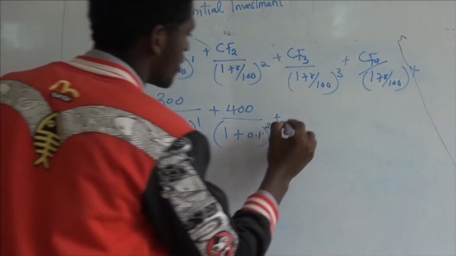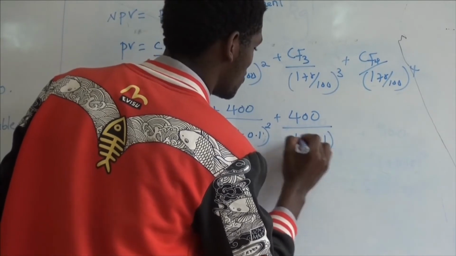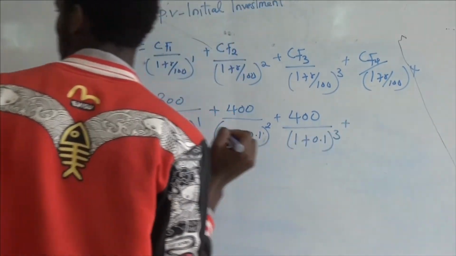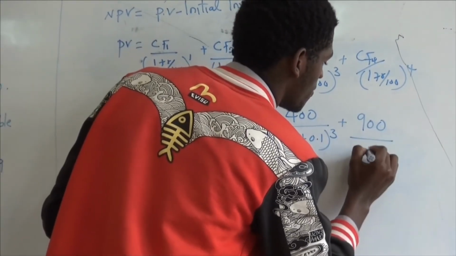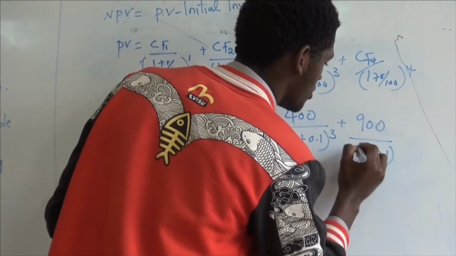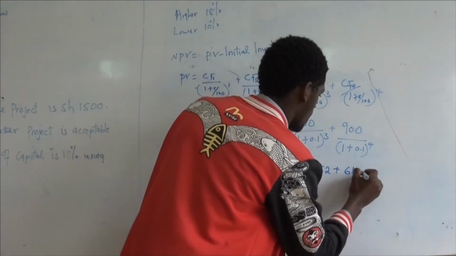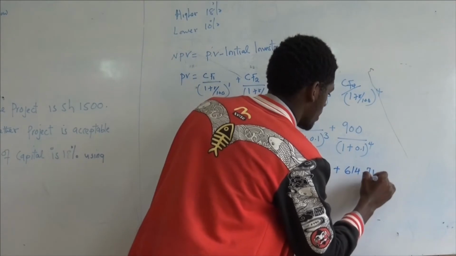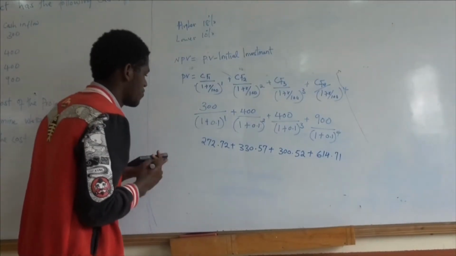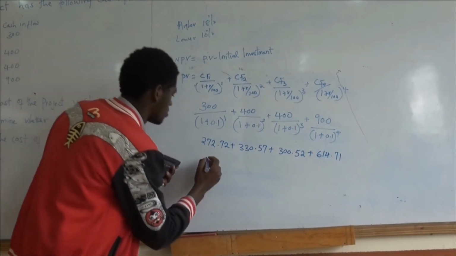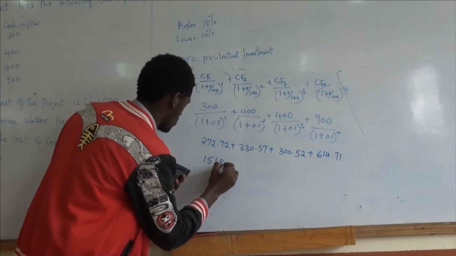Third is 400 over 1 plus 0.1 raised to power 3, and our last cash inflow is 900 over 1 plus 0.1 raised to power 4. Then we add all the PVs. So the total PV here is 1,518.52.